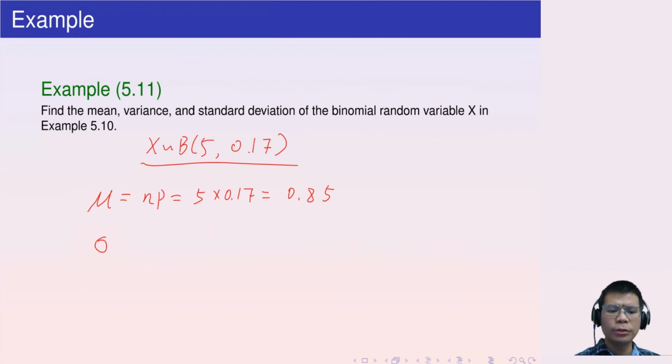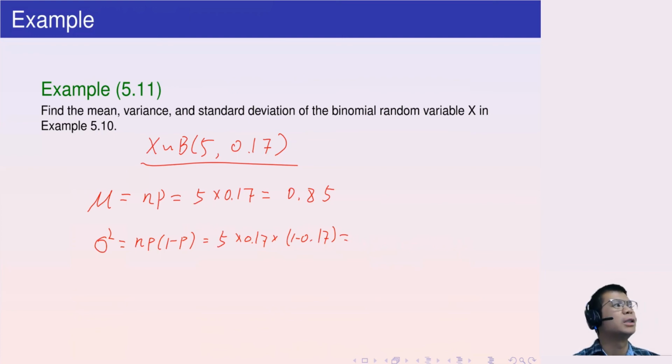And the variance sigma squared is np times 1 minus p. So you just plug in the values, 5 times 0.17 times 1 minus 0.17, and this equals 0.705.